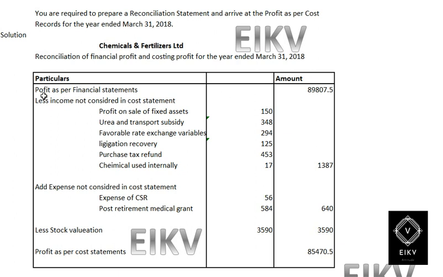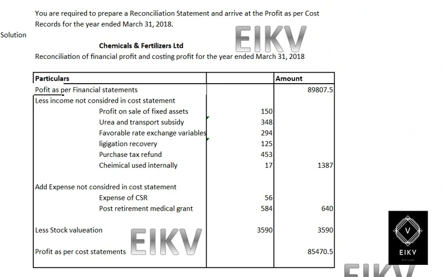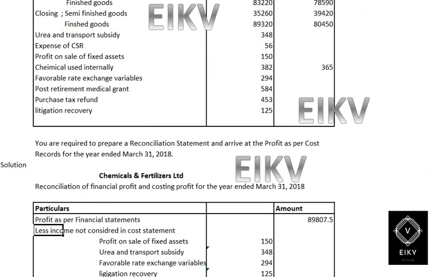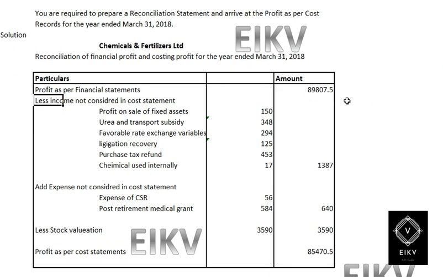First of all, I have made a row which contains profit as per financial statement. So let us check. Profit as per financial statement which is given in the question as 8 crore 98 lakh 07.5.